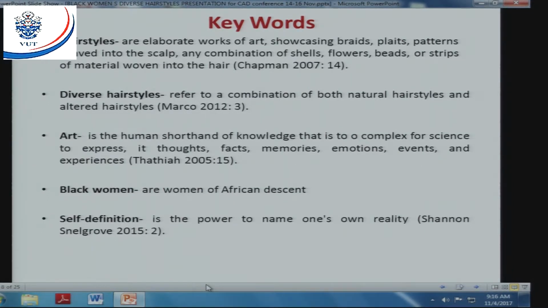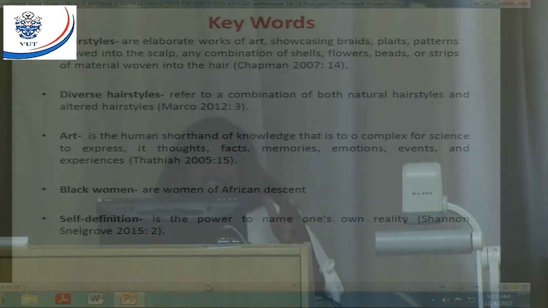Art is a human shorthand of knowledge that is too complex for science to express. It is knowledge that is expressed through thoughts, facts, memories, emotions, events, and experiences. Black women are women of African descent, and self-definition is the power to name one's reality.